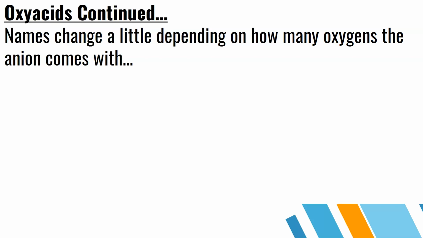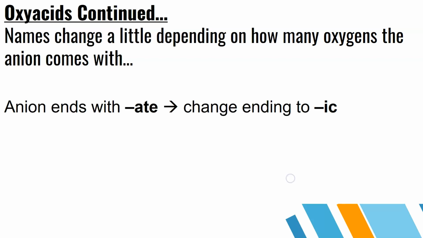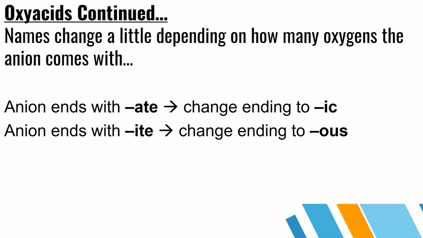If the name of your anion ends with the ending ate, like phosphate, chlorate, sulfate, you're going to replace the ending with ic. If your anion ends with "ite," you're going to change the ending to "us," O-U-S.